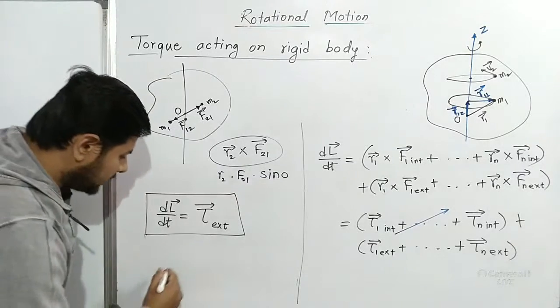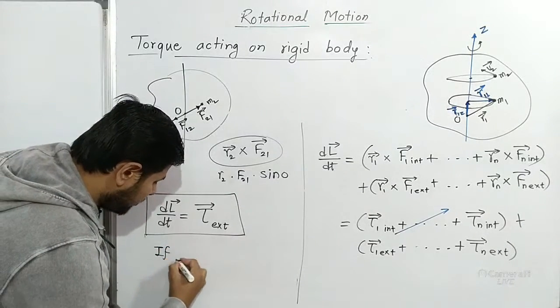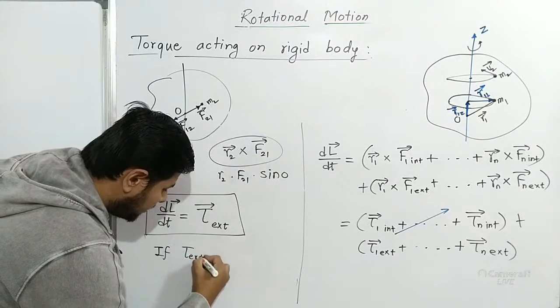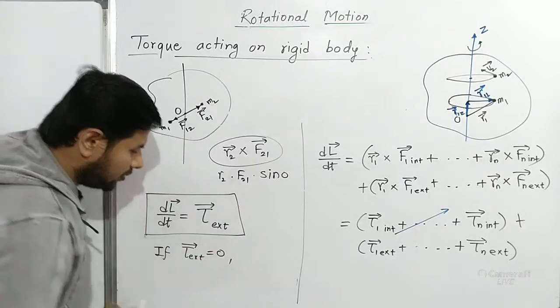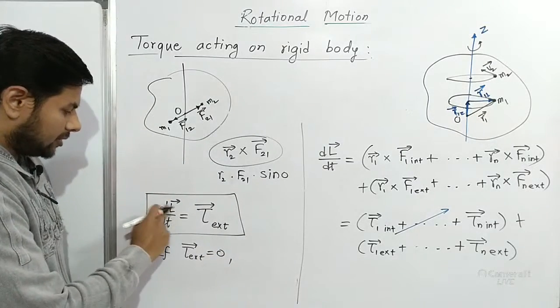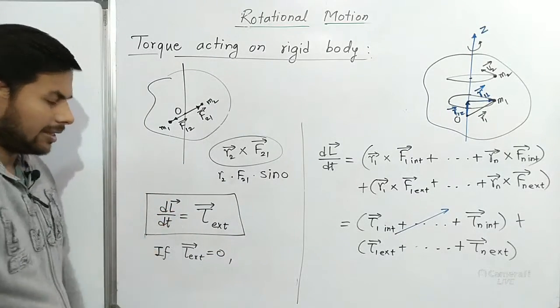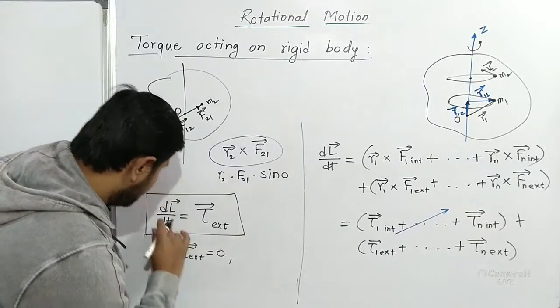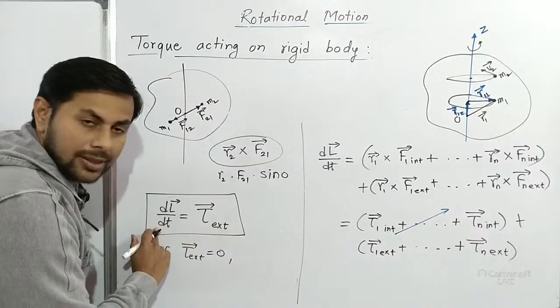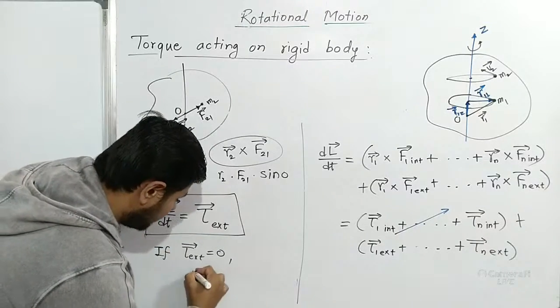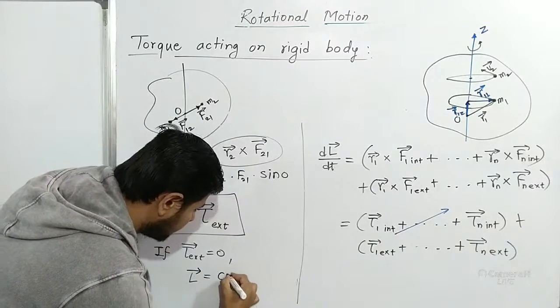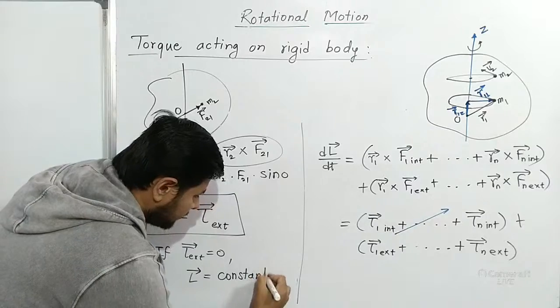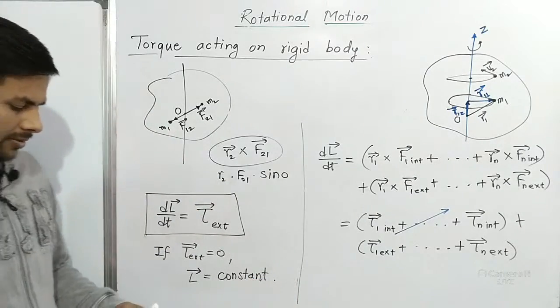So what that means is, if external torque is equal to 0, then the change in angular momentum with respect to time will be 0, and that means this quantity remains constant or conserved.